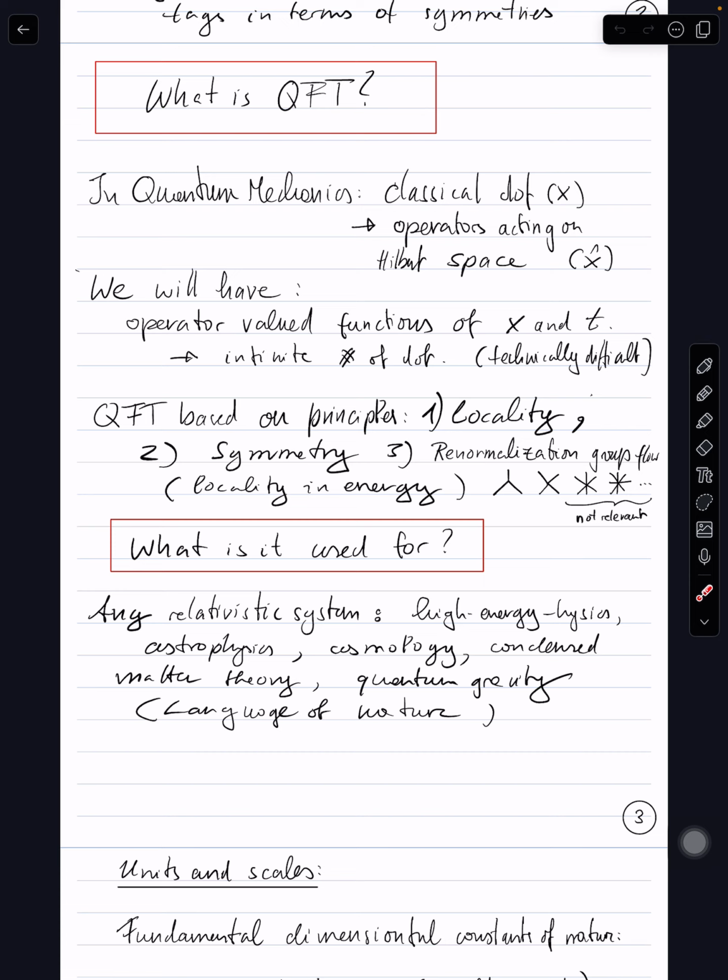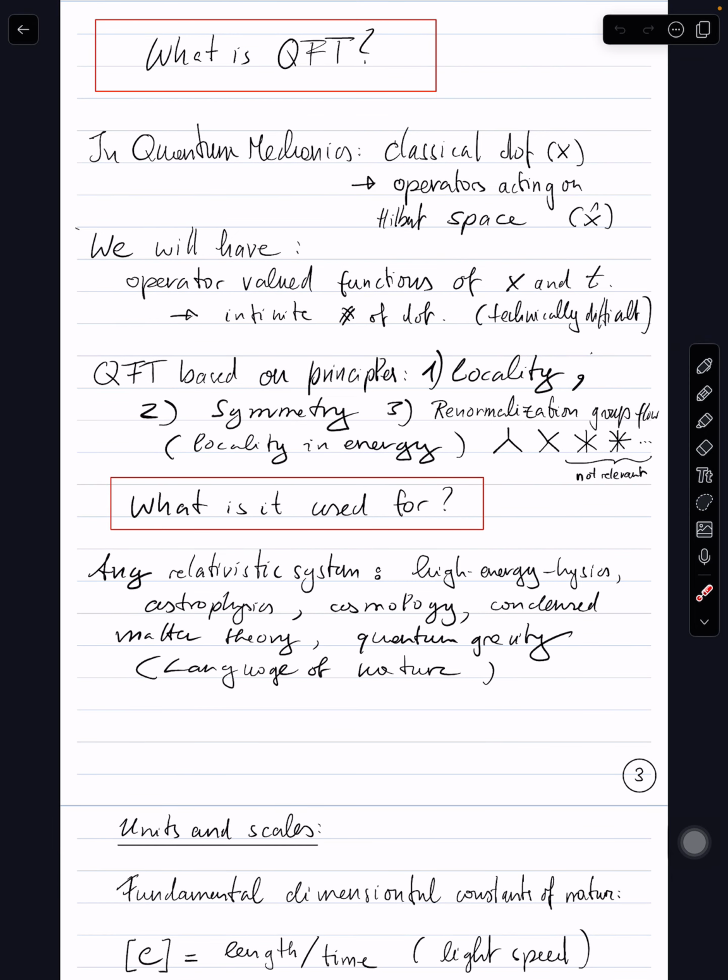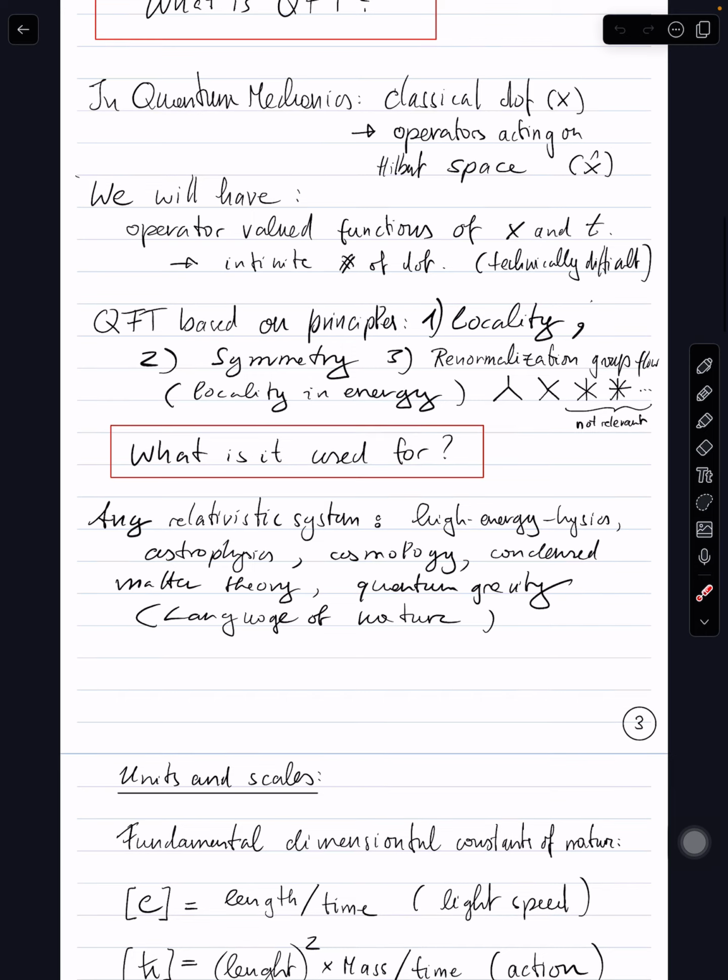They act on a vector space, the so-called Hilbert space that describes the states of particles or systems that we described. Now in quantum field theory, we have operator-valued functions of x and t. What it means is that we do have operators, but they are continuously spread throughout space, which gives us automatically infinite degrees of freedom, and this brings in certain technical difficulties that we will deal with and discuss at length later.